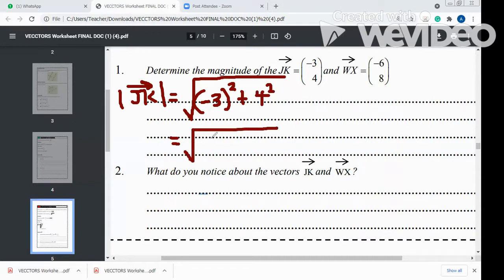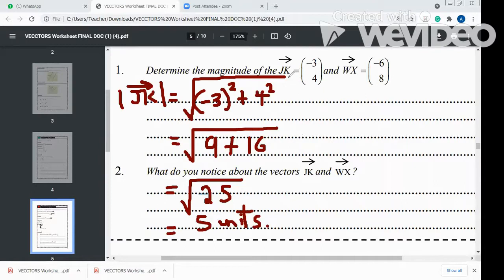So you're going to have 9, because a negative times a negative is positive, plus 16. That gives you 25, and the square root of 25 is 5. So it's 5 units.